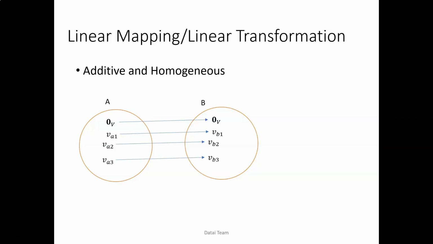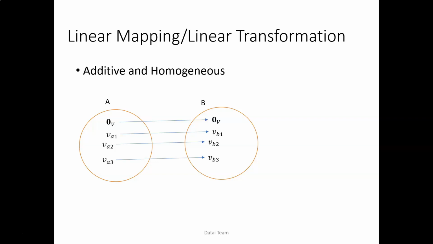We have the set A and set B, and every vector in A corresponds to a different vector in B. Because we are learning about linear algebra, as a rule, for a transformation or a mapping to be linear, the 0 vector in one set or one space must map to the 0 vector in the other.